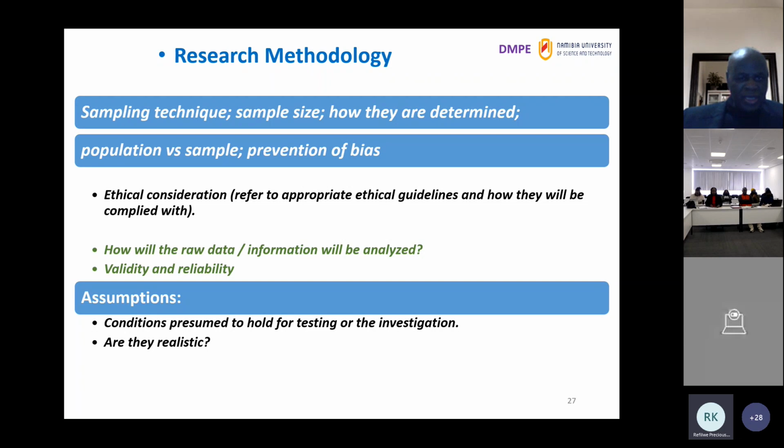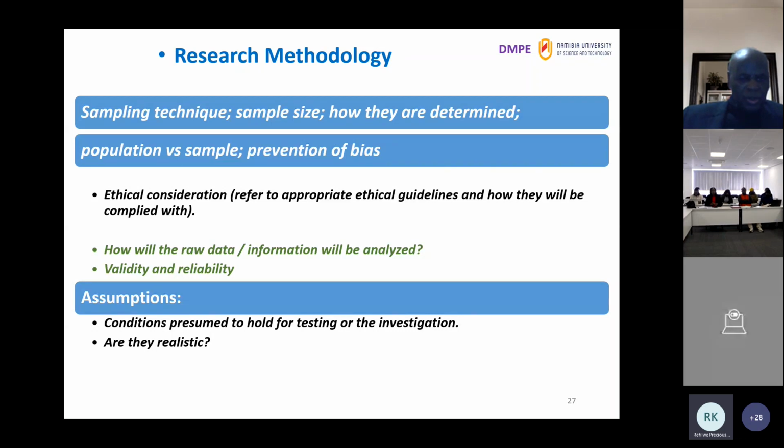What will be the sample size? Population versus sample. Is the sample size you take representative of the bigger population? You need to consider ethical considerations and compliance of the ethics.